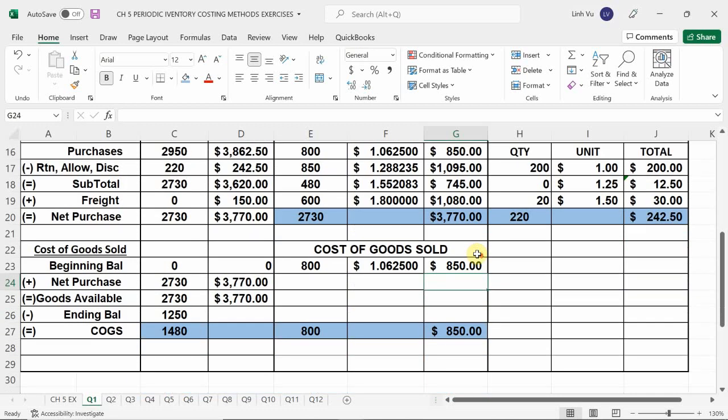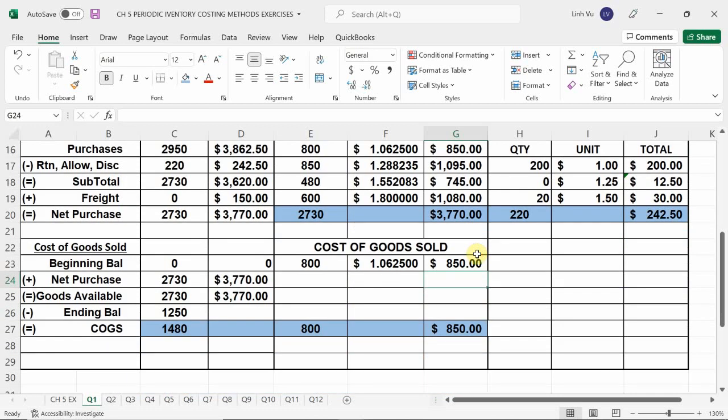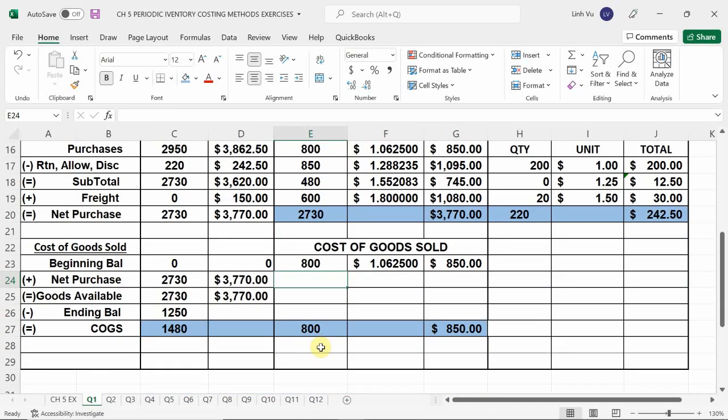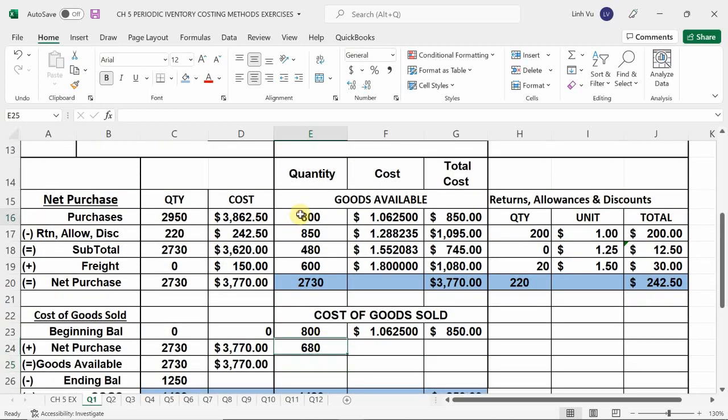Okay? So now I sold my first 800. How many more do I need to keep selling? I can do simple math here. 1,480 minus 800. I need to sell 680 units. So my first batch of 800 is gone.